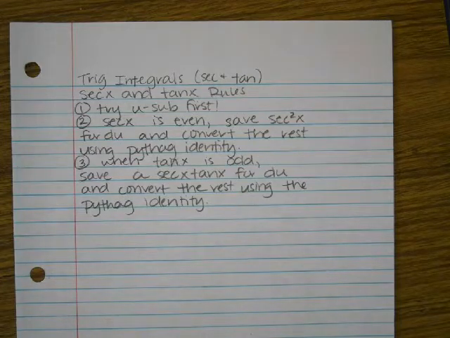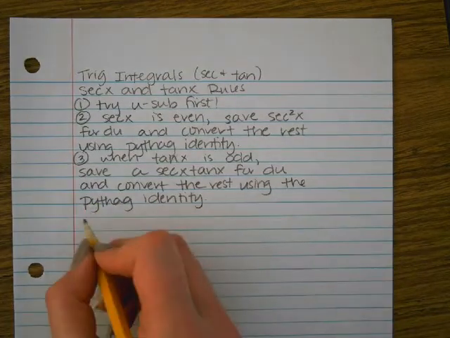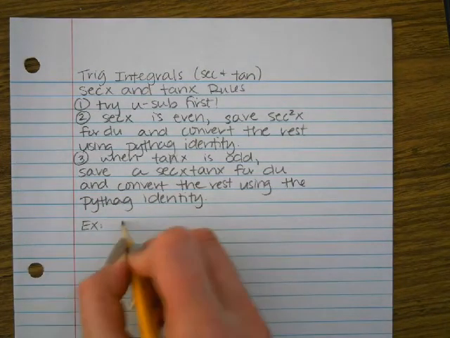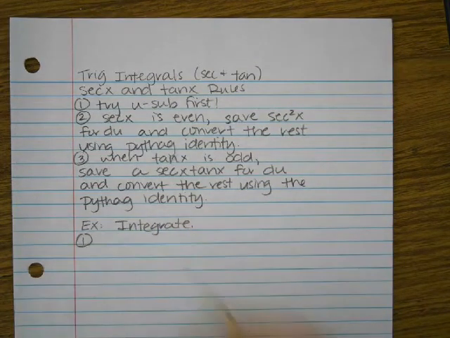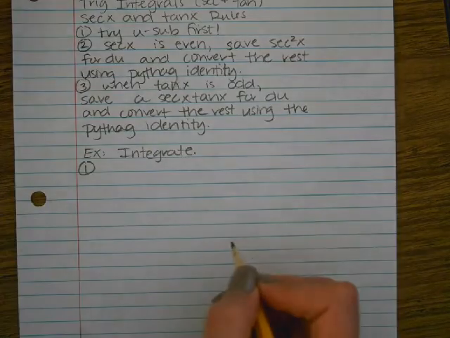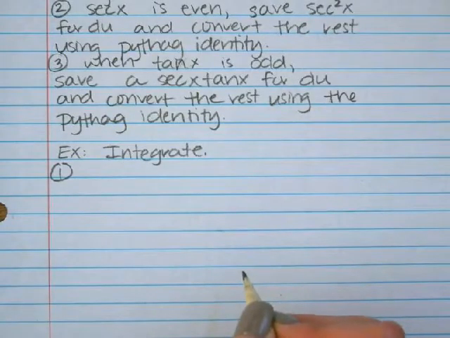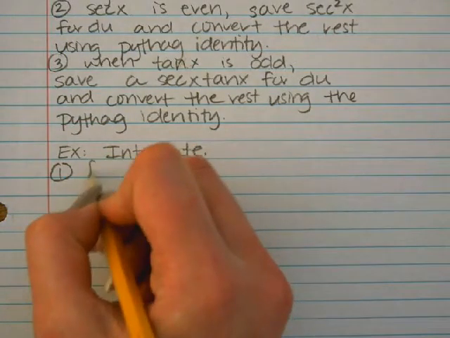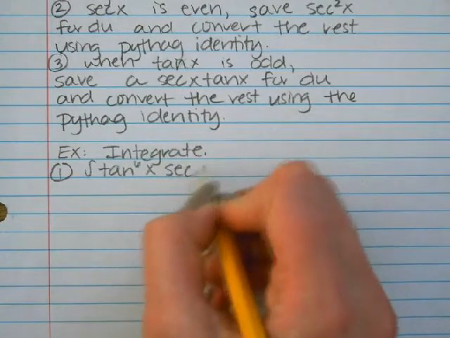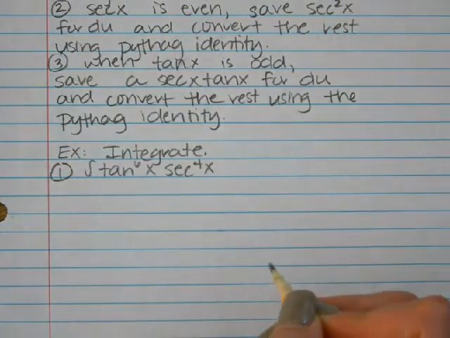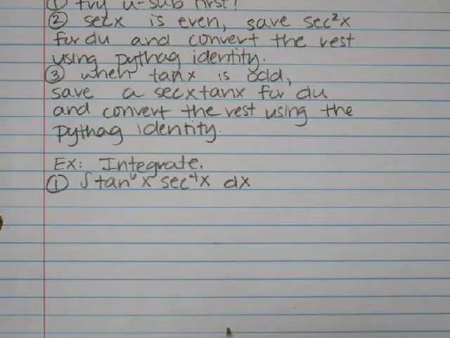All right. So we're going to go ahead and do some examples. And the instructions will always just say integrate because they're not going to give you any clues. So if we were to integrate tan to the sixth times secant to the fourth, what did we say we should do if secant was even?